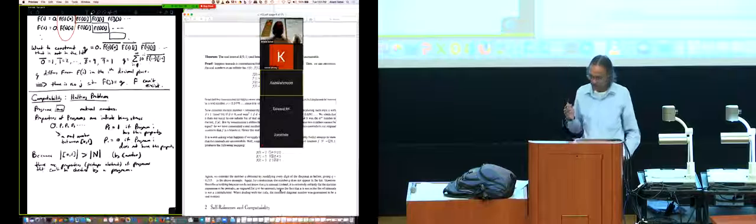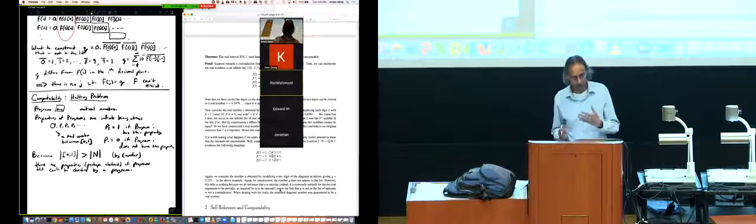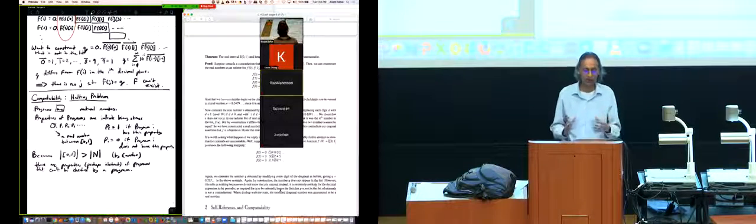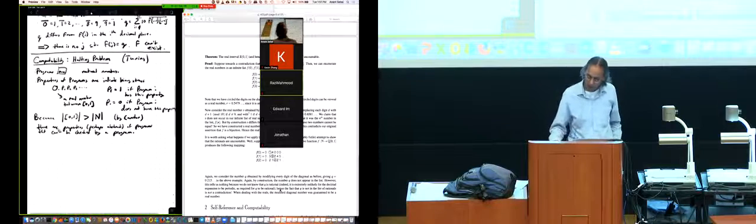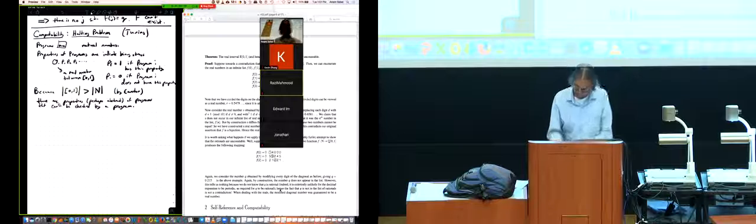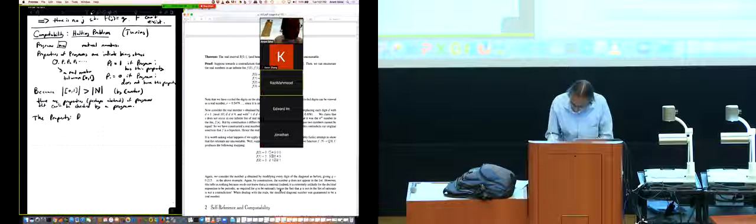And what Turing showed, and actually this is credit to Turing, to Gödel, kind of the large spirit of work here, let me write down Turing's name, was he showed that, in particular, the property: does this program halt or not?